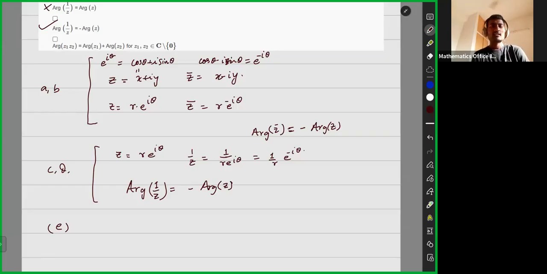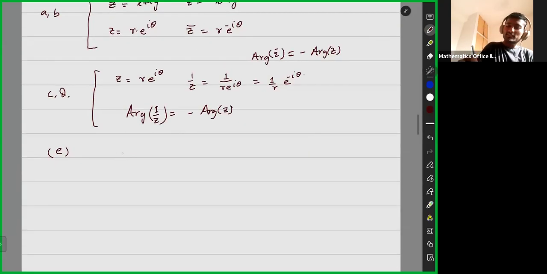Because if you say z1 is equal to r1 e to the power i theta 1, z2 is equal to r2 e to the power i theta 2, then z1 times z2 becomes r1 r2 e to the power i (theta 1 plus theta 2).